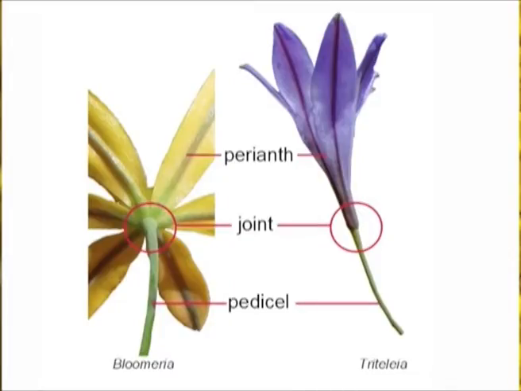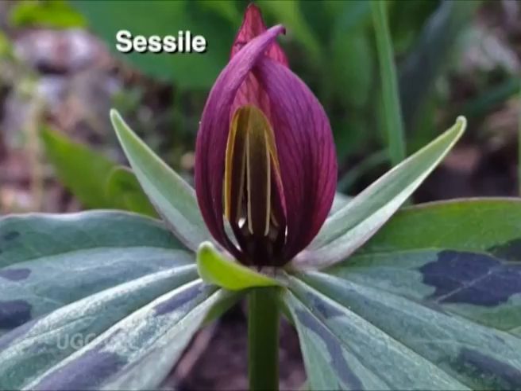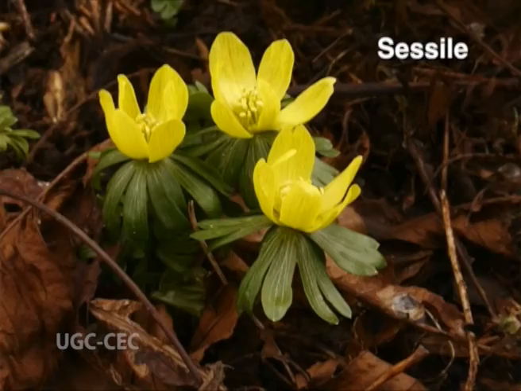A flower with a stalk is a pedicellate flower, but some flowers are directly attached and are called sessile flowers. The receptacle is the modified shoot or the floral axis, and thalamus is the condensed part of the flower.